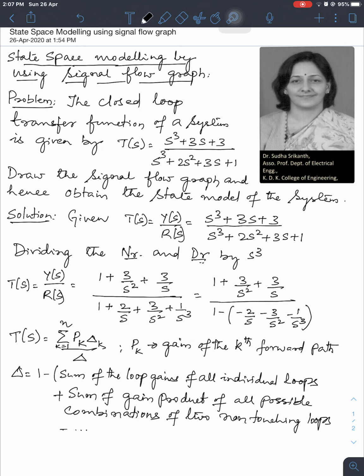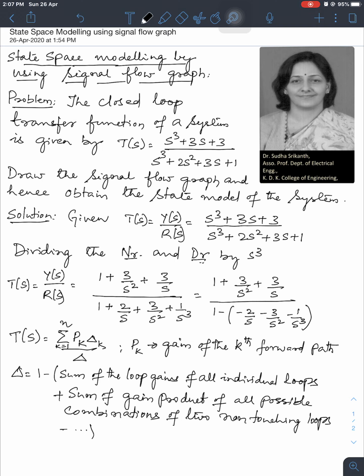It will go on: the sum of gain products of all possible combinations of three non-touching loops and so on. It's hard to find three non-touching loops in any practical control system, so we will stop at this. This is how we define delta, and delta k we know is that part of delta which is not in touch with the kth forward path.